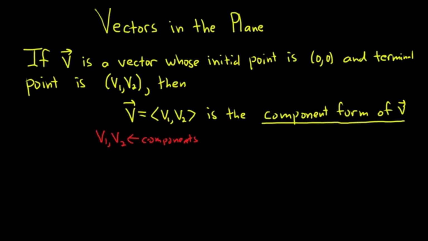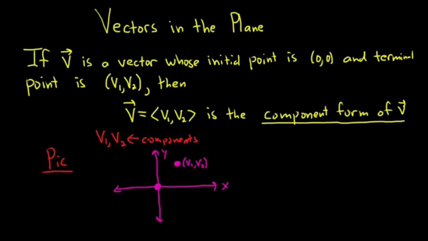So let me give you a picture so you see what's going on. Here we have the y-axis, and here we have the x-axis, so x, y. And then maybe this is the initial point, and this is what's called the terminal point. This point here would be (v1, v2).